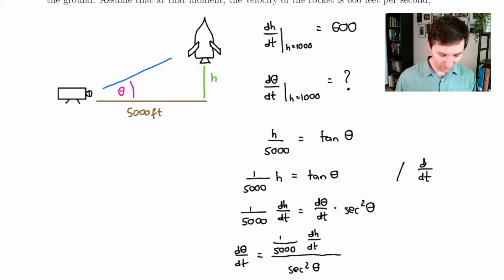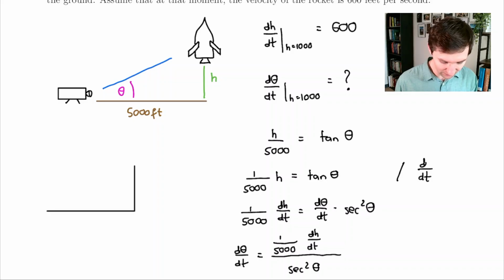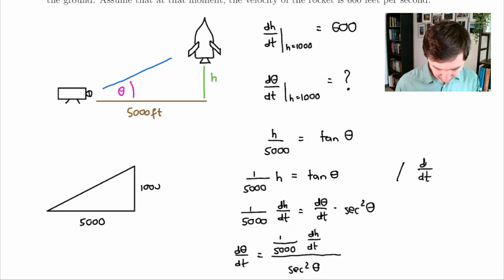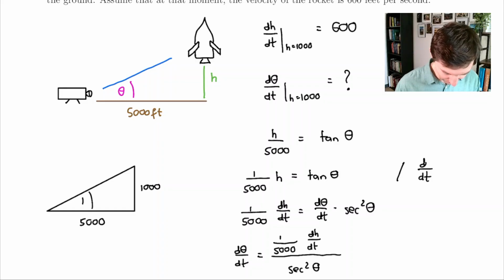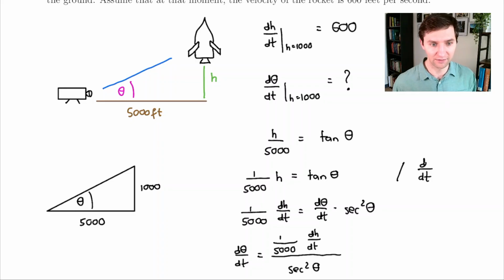Let's draw a picture at a particular moment whenever h is 1000. 5000 at the bottom never changes. 1000 on the right side is at the particular moment when the rocket is 1000 feet above the ground. I am interested in secant of theta.